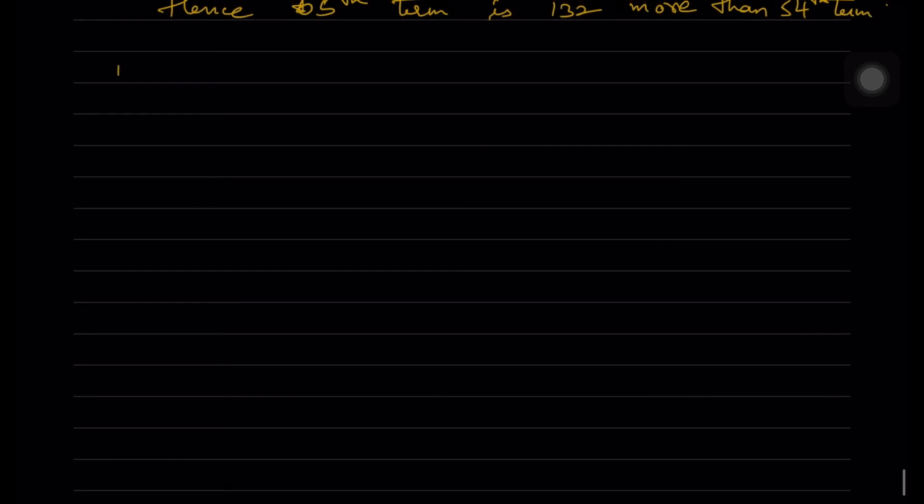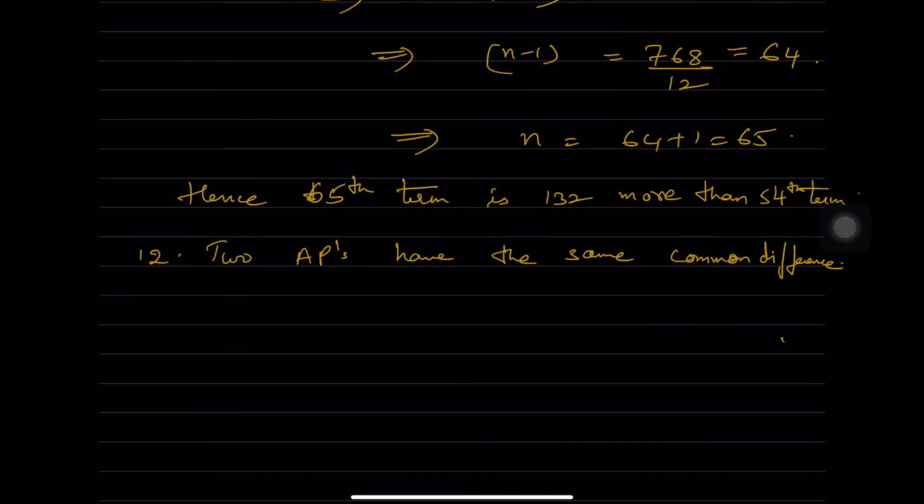Now going into the next question, the 12th one. Two APs have the same common difference. The difference between their 100th terms is 100.